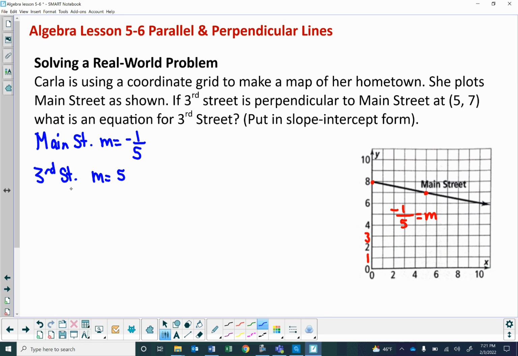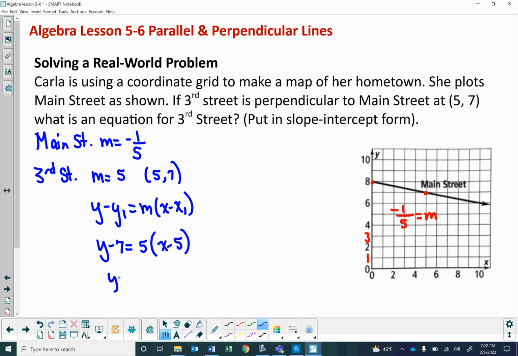So now I have a slope, because I need a perpendicular slope. The perpendicular slope to -1/5 is 5. So now I can use the slope of 5 and the point (5, 7) to write the equation for 3rd Street. y - y1 = m(x - x1). y - 7 = 5(x - 5). y - 7 = 5x - 25.